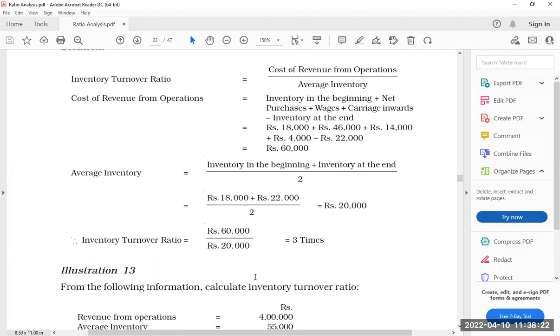My stock becomes sales 3 times. Okay. So an increasing number of times is good for the efficiency of the company. How quickly your stock is converted into sales. So the marketing department functions very efficiently. Salesmen are doing their job very efficiently.